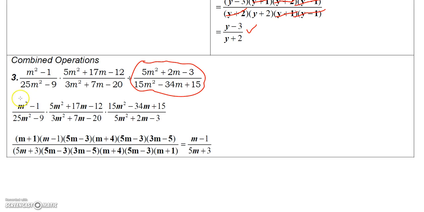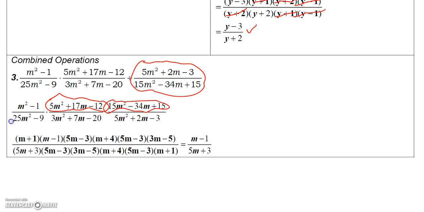So now I'm going to factor each of these numerators. m squared minus 1 factors into m plus 1, m minus 1. Now I realize it'll take you some trial and error or using the grouping method, but you should be able to factor these two trinomials. The first one factors into 5m minus 3 and m plus 4, and the second one factors into 5m minus 3 and 3m minus 5.